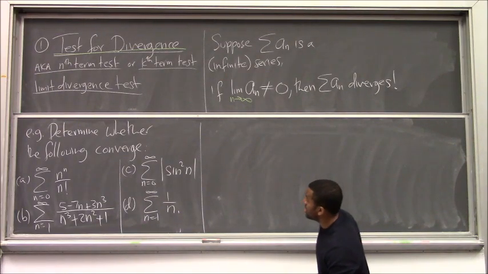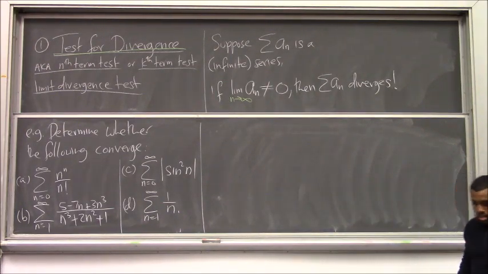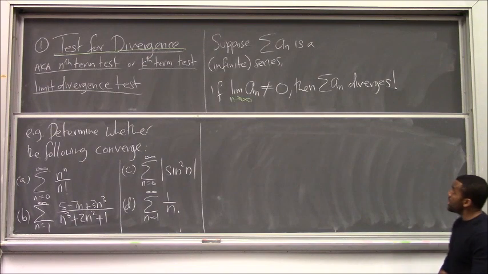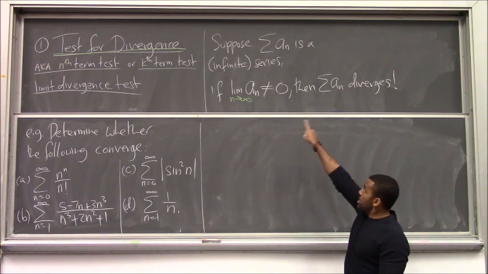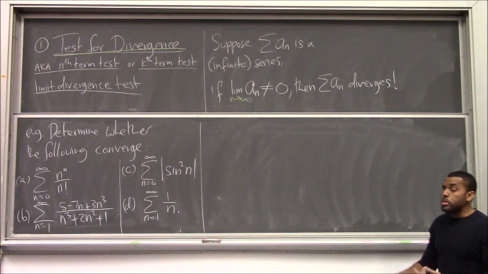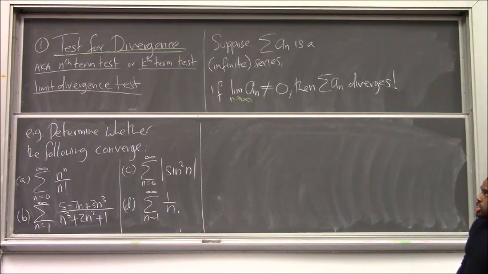It only requires knowledge of limits, which as of Calculus 1, you should all be experts at. Basically it says, given any infinite series a_n, if the limit of a_n is not 0, the series will diverge. You can just conclude that. There will be no real number S such that its sequence of partial sums converges to S.